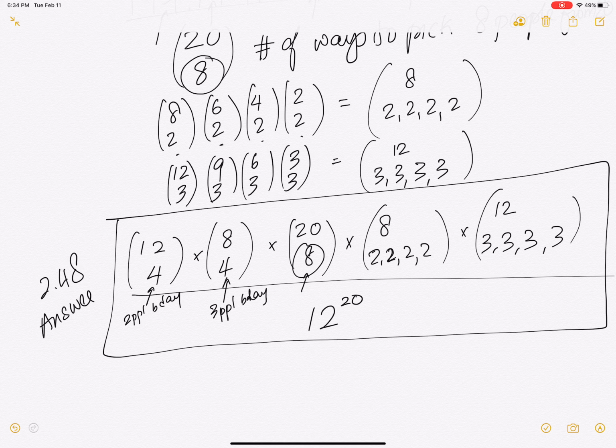I don't have to do a 12 choose 12, because that's just one. And the number of ways I can assign the 12 people that are standing left over, 3 each, to one of those 4 months will be 12 choose 3, 3, 3, 3. We don't have to do any kind of 4 factorial or anything extra for those months, because already these months, they have names.